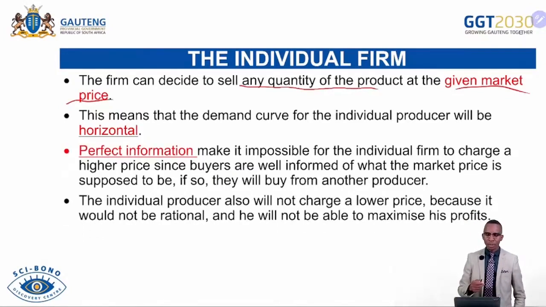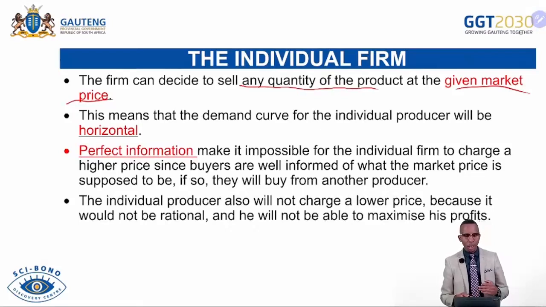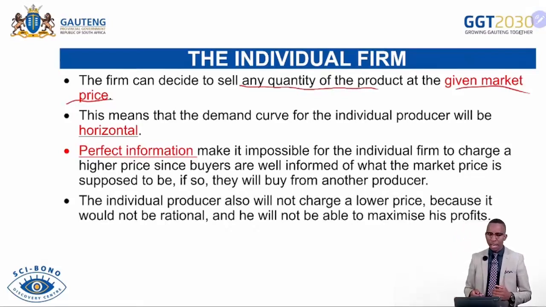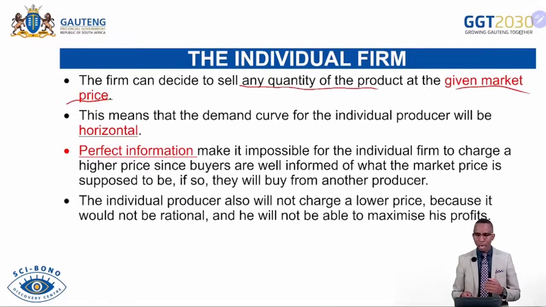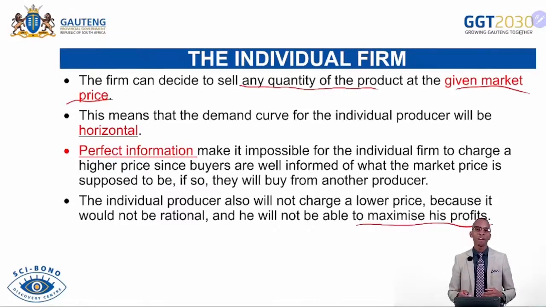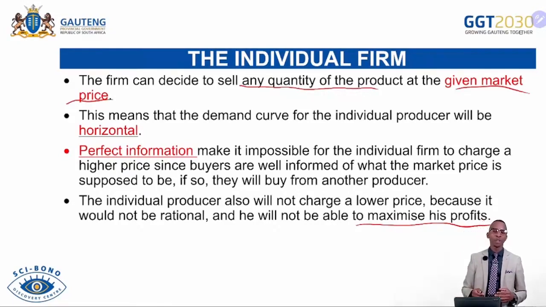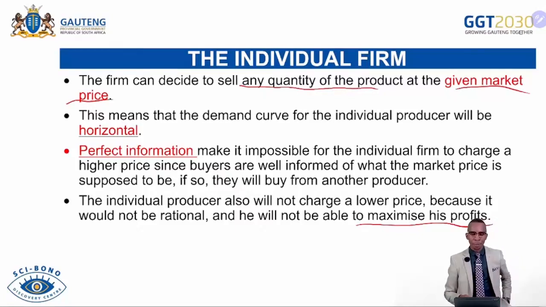The individual producer also will not charge a price lower than the market price, because it would not be rational, and profit margins cannot be reached if the firm is selling below the market price. Those goods will be cheap, and there will be more consumers. However, that can lead to the firm failing to maximize profit or reach its profit margins.